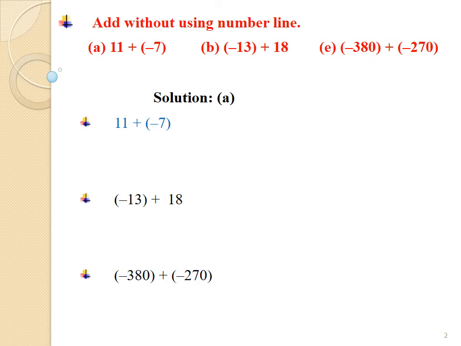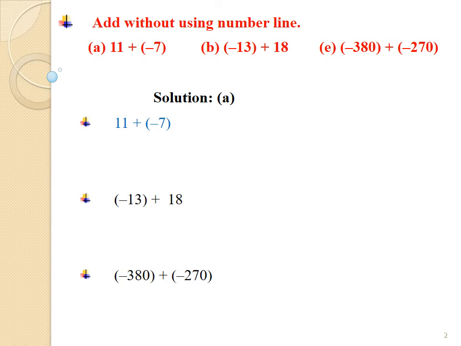As the integers have different sign or opposite sign, we have to subtract as a whole number from bigger to smaller by ignoring the sign, and the answer we get with greater absolute value.